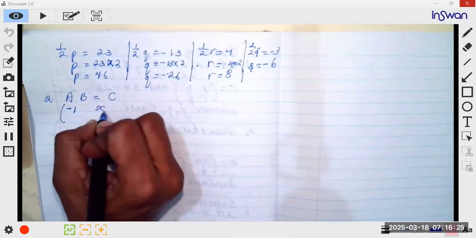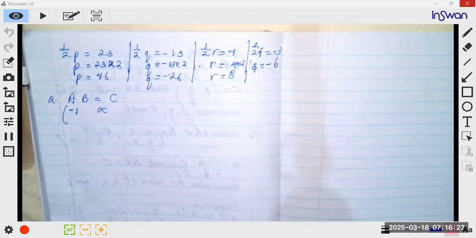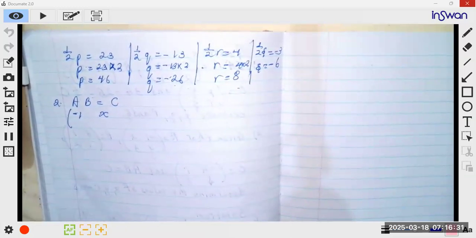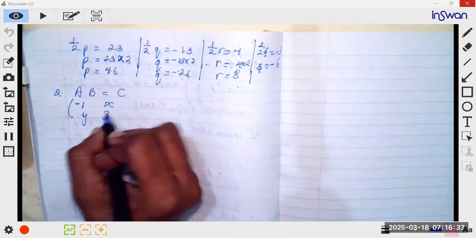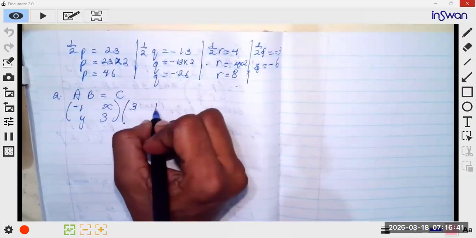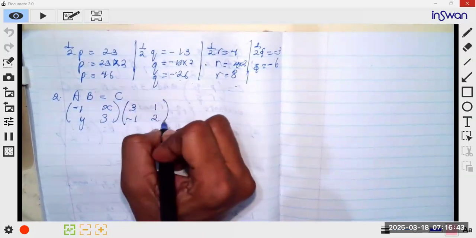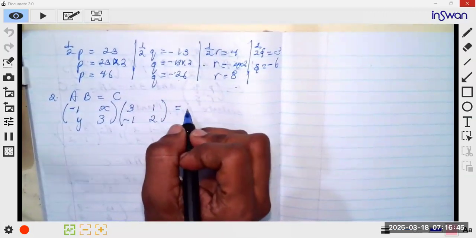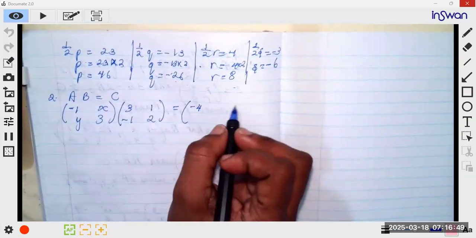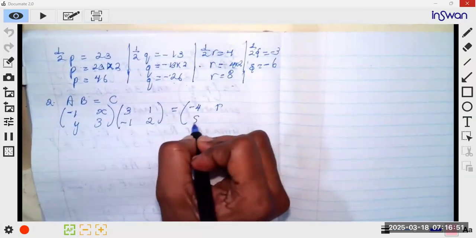A is minus 1, x, y and 3. B is 3, 1, negative 1, 2. And C is negative 4, R, S, and 7.